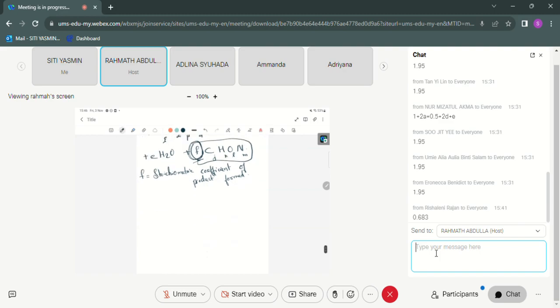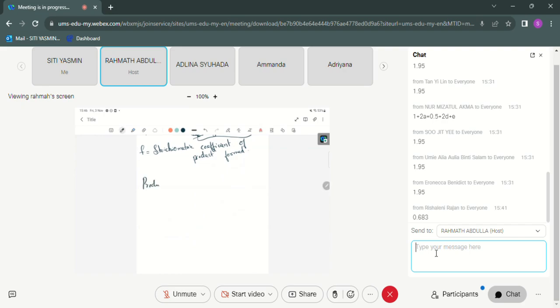Now we are going to see how we can calculate the product yield. Okay, just now we learned how to calculate the biomass yield, isn't it? So we need to see how much product is produced per substrate consumed.